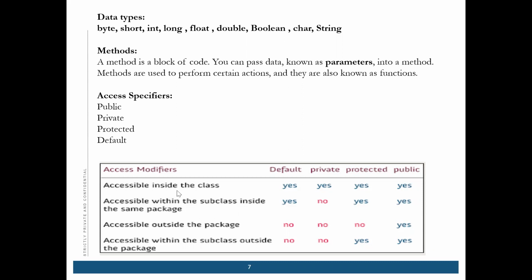Access inside the class is possible for default, private, protected, and public. Within the same package, suppose you have created one package and inside it there are 2 or 3 classes, you cannot access the private methods or variables.